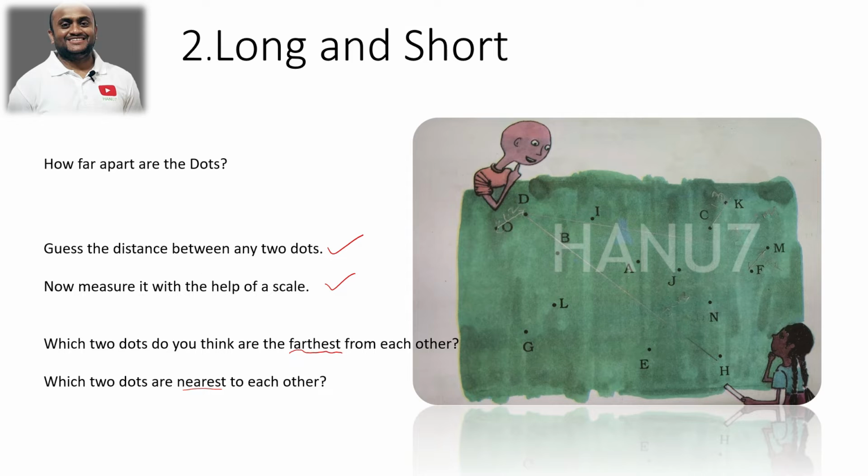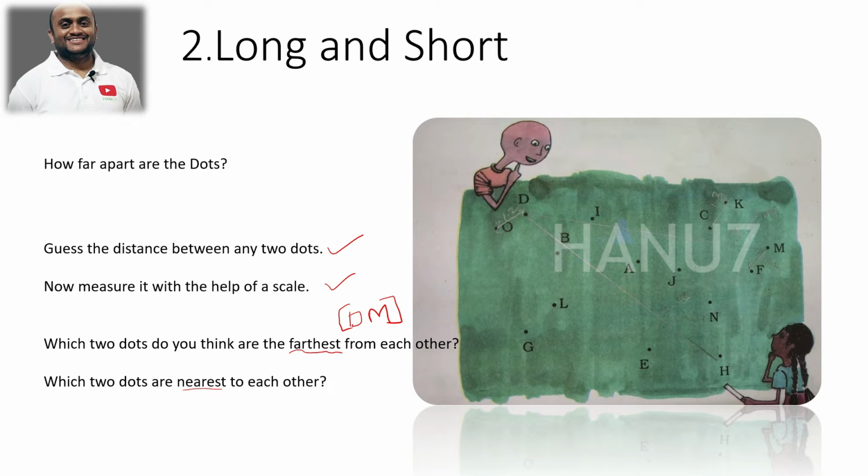I can see in the picture I have already measured by drawing lines with a pencil from D to H. I guessed that D to H and D to M should be the largest, or farthest, dots from each other, and as I measured, my guess is correct that the farthest is D to M. This one is only 9 centimeters, but this is 9.5 centimeters.